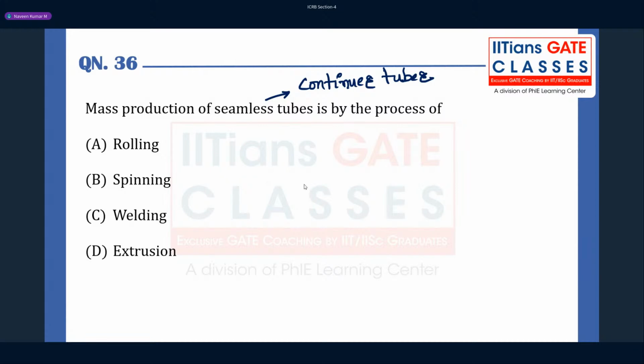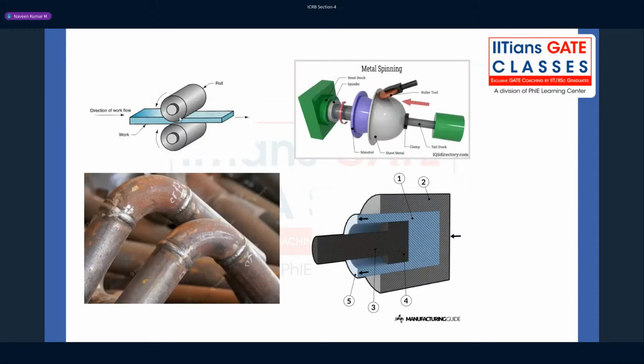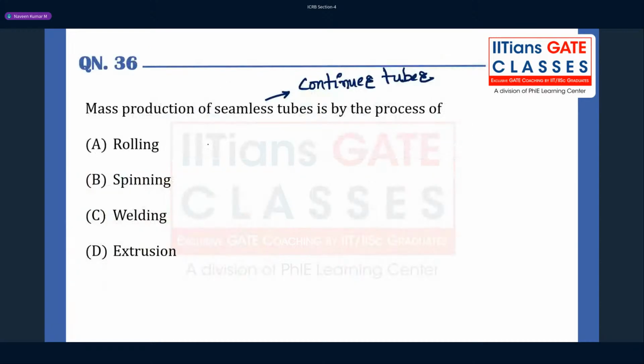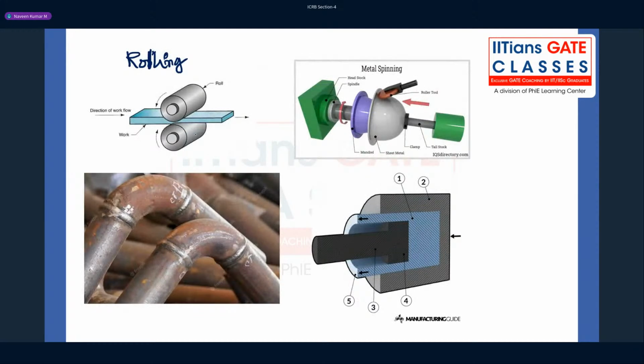Okay. So I'm talking about these figures. These figures will help you better understand what I'm trying to say. The mass production of seamless tubes is by the process of... So this is rolling. You can see rolling can be used for making flat sheets.